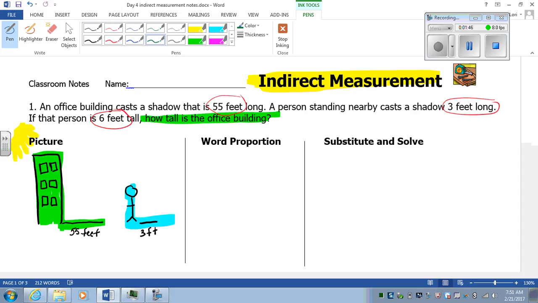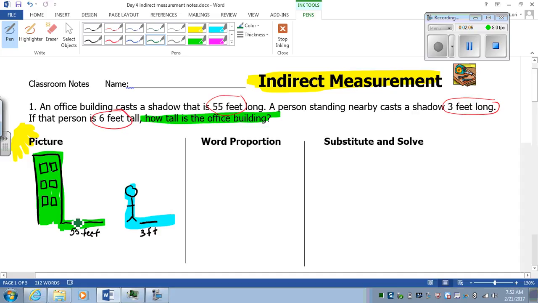You could buy thousands of rulers and tape them to the side of the building end to end, but that wouldn't be very practical. We could stand at the top of the building and drop down a measuring tape until it hits the ground. I don't think that's very practical.